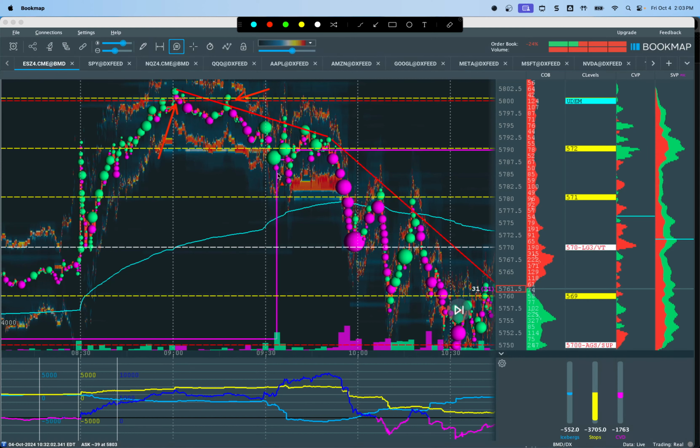Then at 9:30, there was an initial move higher in Hero, some aggressive buyers coming in. The volume dots in Bookmap are showing market buy minus sell. Green volume dots indicate more buyers than sellers. Magenta dots, more sellers than buyers. So right around 9:50 as the Hero signal started to move lower, aggressive sellers came in and price reversed lower or continued that move lower.